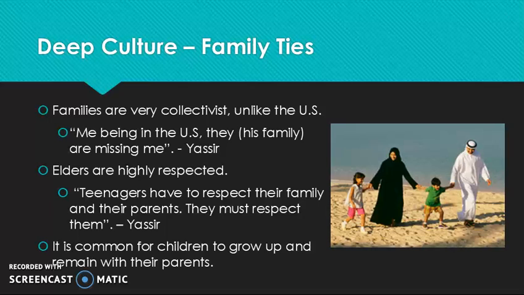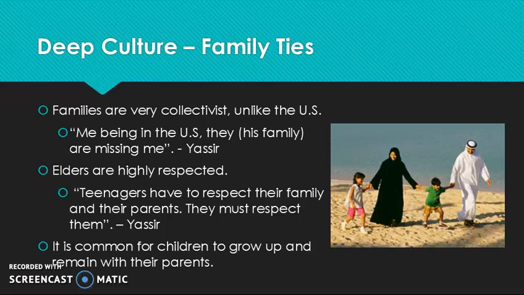Yasser even said, "Me being in the US, they," referring to his family, "are missing me." That shows a little bit of their collective nature. Collective being that they stick together. It's very family oriented. It's not about reaching individual goals or achieving things for yourself, but rather improving everything for the family.